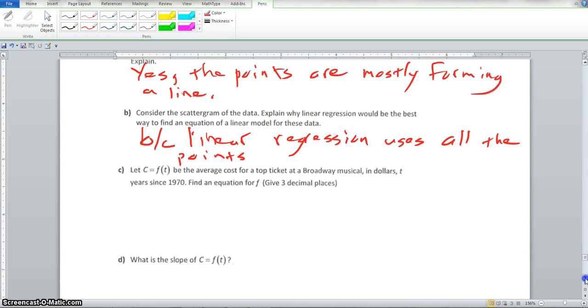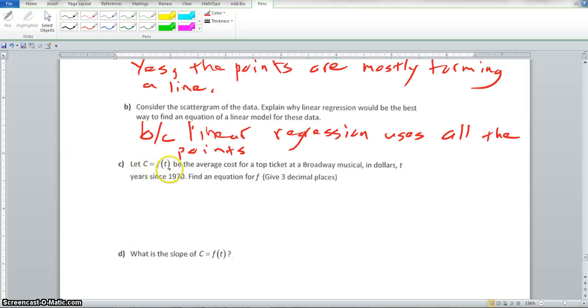Now we come down to C. It says let C is equal to f of t be the average cost for a top ticket at a Broadway musical in dollars, t years since 1970. Find an equation of f, give 3 decimal places.